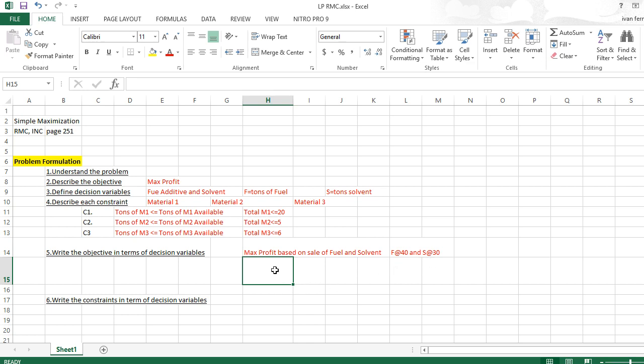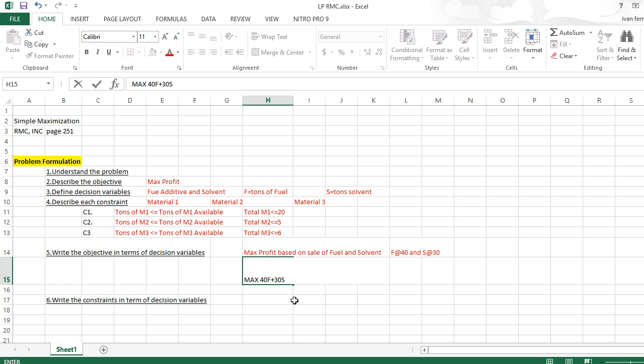So the formula is simple. You want to maximize 40 times F, which is fuel, plus 30 times S.